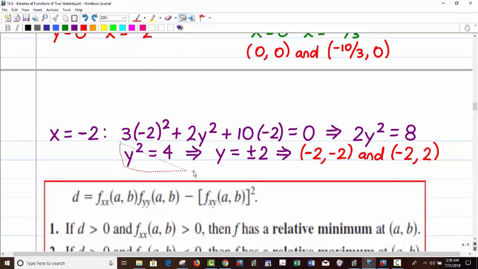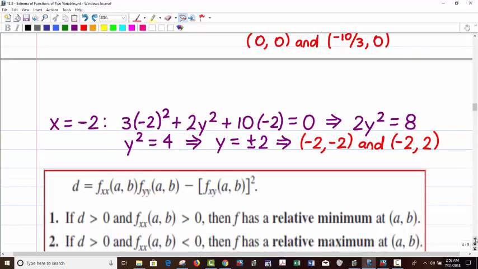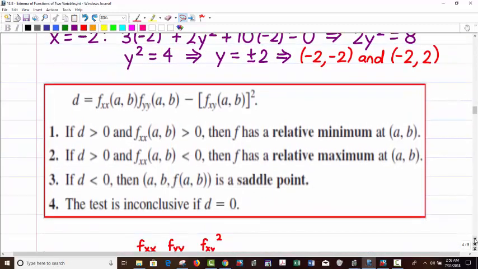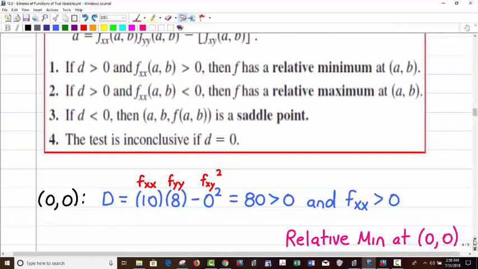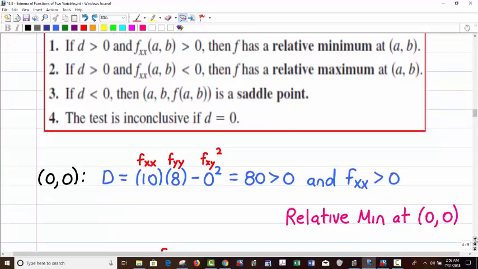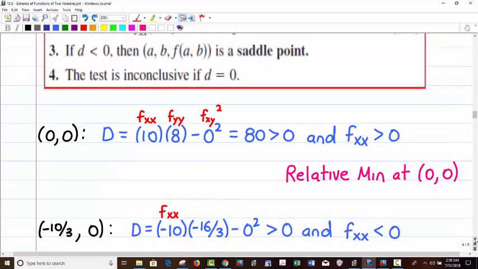Boy, that sounds like fun, doesn't it? And I just copied the second partials test. So we're just taking them in, and you have to kind of go back up.